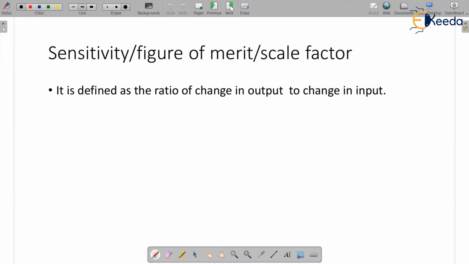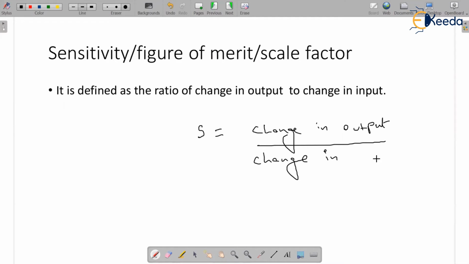The next, what is sensitivity? Figure of merit and a scale factor. It is defined as the ratio of change in output to change in input. So I can give the formula as S is equal to change in output by change in input.